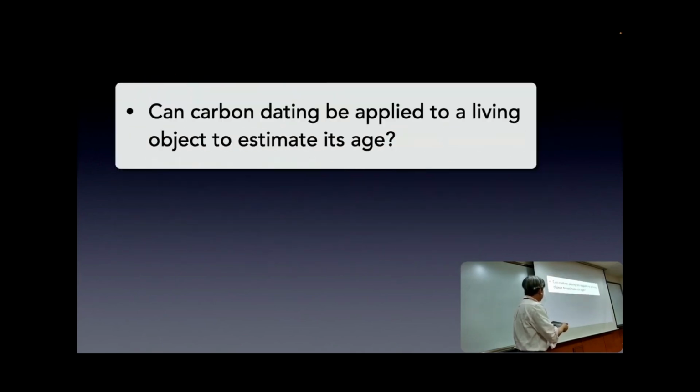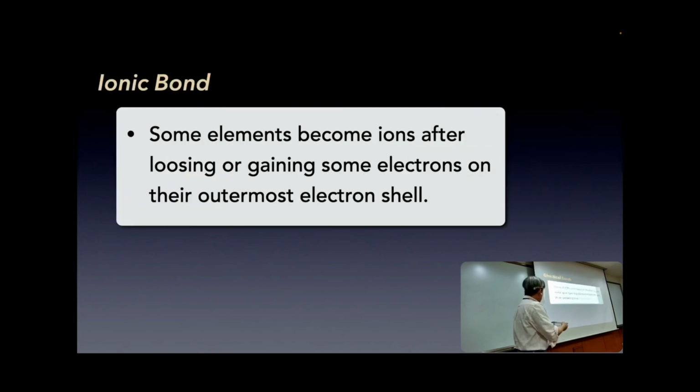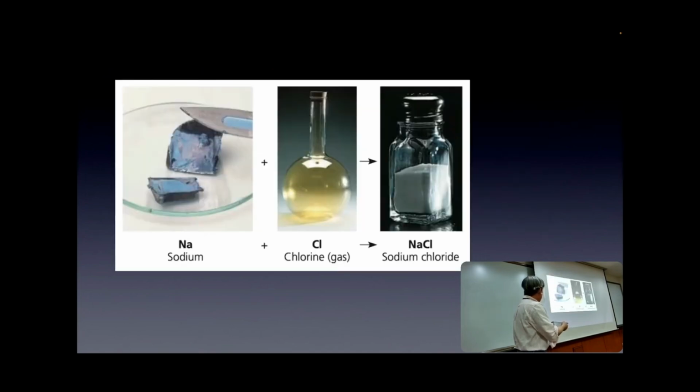I didn't bring up that particular diagram, so shame on me. In the case of sodium, the outermost valence shell has only one single electron. Sodium really wants a fully occupied outermost electron shell, but because of this one single electron, it cannot have that.